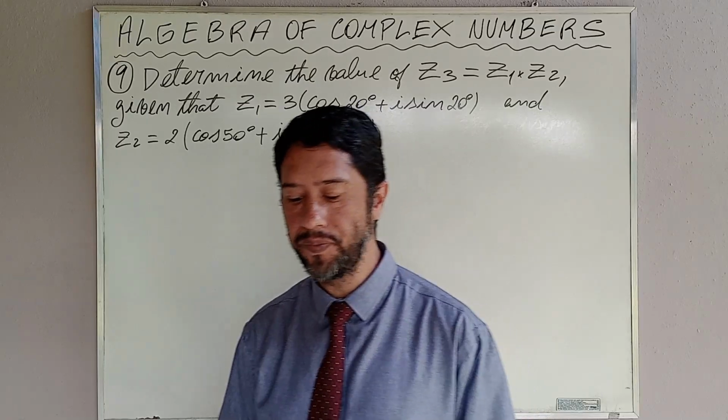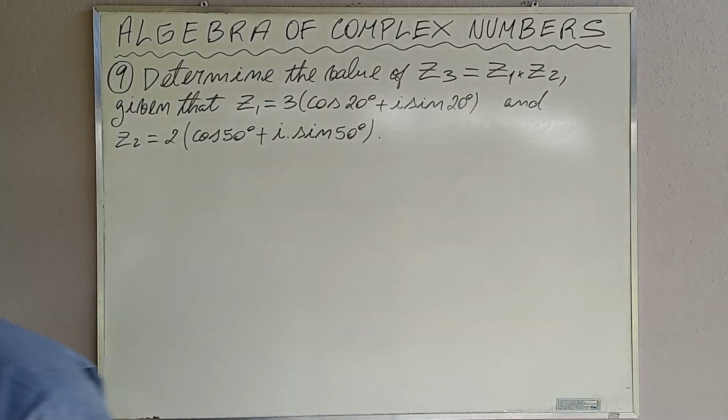Exercise number 9. Determine the value of z3 equal to z1 times z2, given that z1 is equal to 3 times (cosine of 20 degrees plus i sine 20 degrees), and z2 is equal to 2 times (cosine of 50 degrees plus i sine 50 degrees). This is the question. Let's go to the solution. The complex numbers z1 and z2 are presented in their trigonometric form.